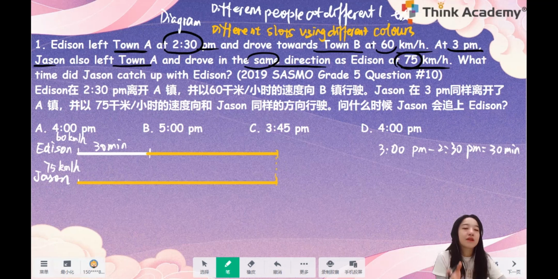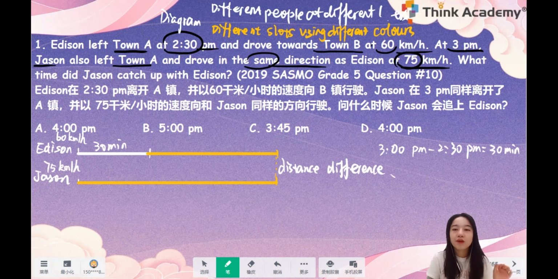In the diagram, you can see at once. Actually, Jason has traveled a longer distance than Edison during the second duration after he starts to travel. And the distance difference is just the distance Edison travels in the first 30 minutes.